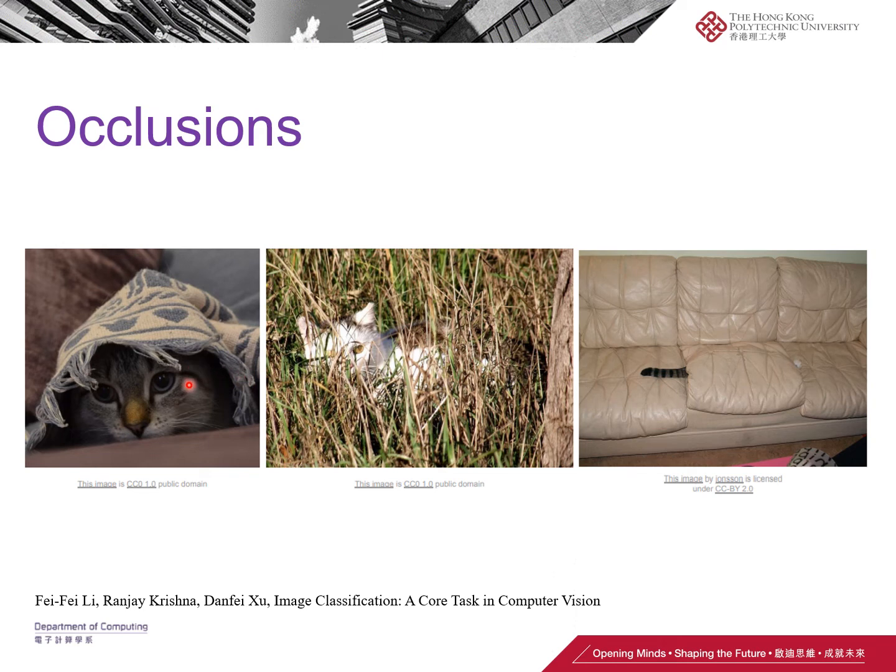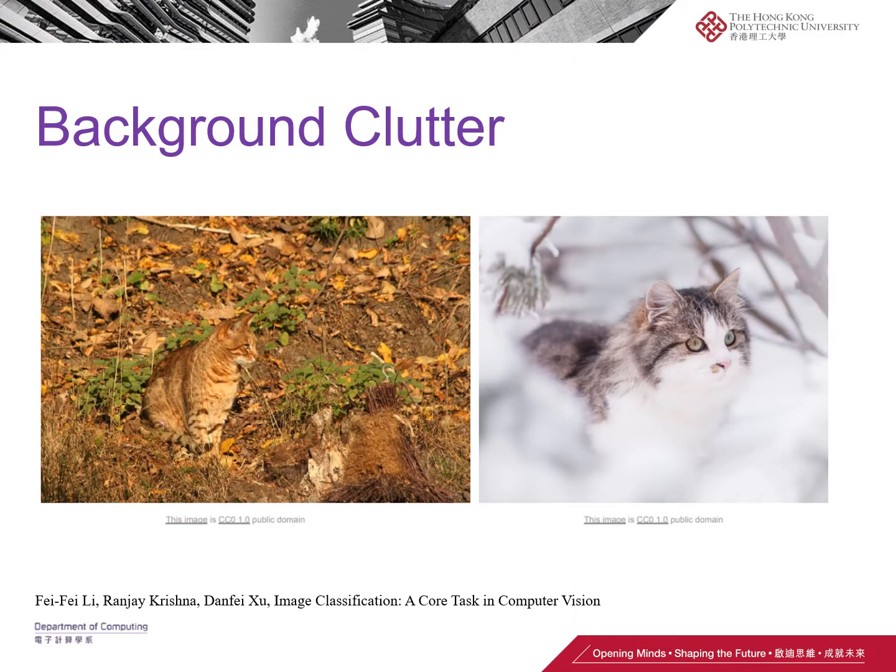And occlusion as well. Usually the foreground is occluded by the background, and it's not easy to recognize which one is the target we're trying to recognize. Background clutter has a very similar problem.